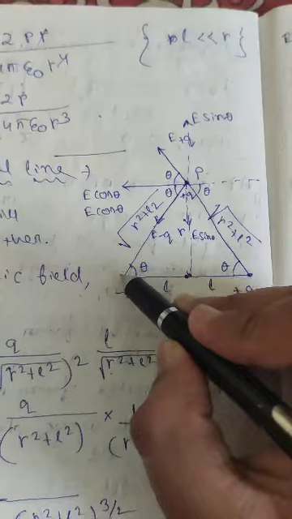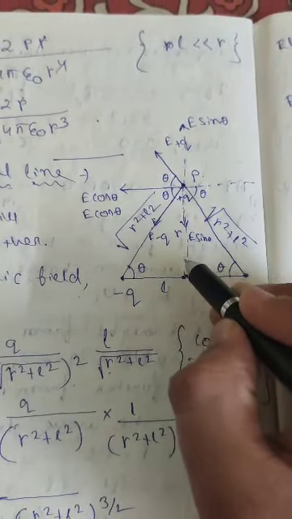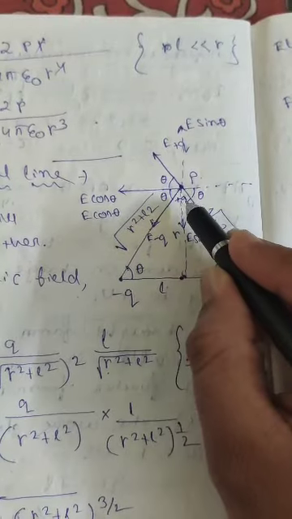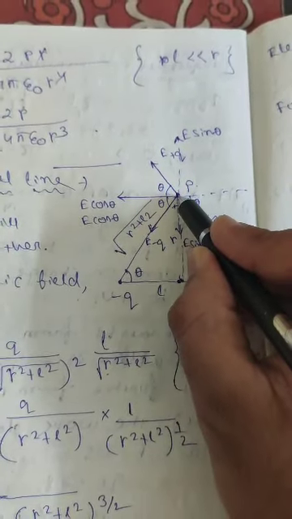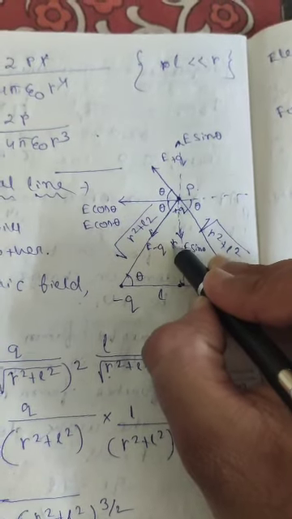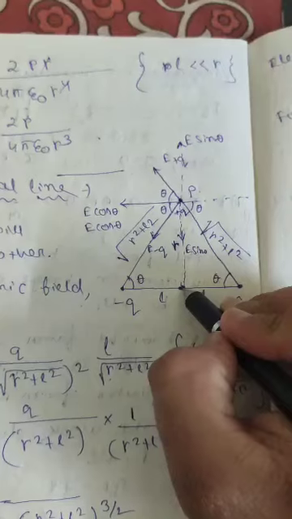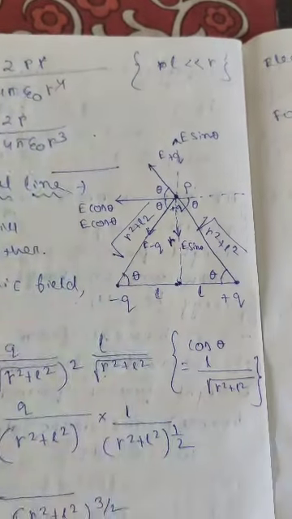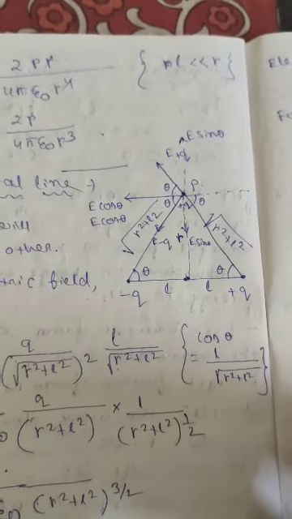Let us first find this hypotenuse using the Pythagoras theorem. This is L, and the distance from the midpoint to the test charge is always taken as R, because from the center only the rotation takes place, like the cycle handle.